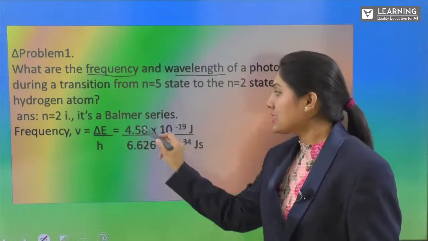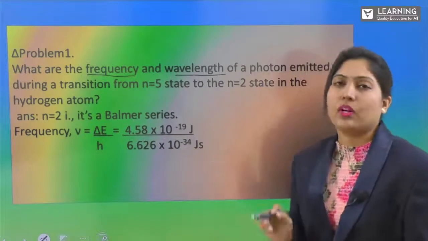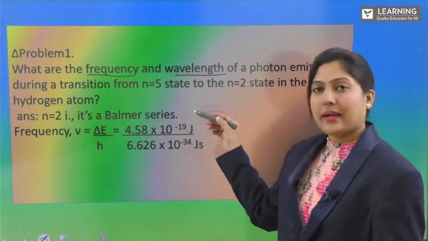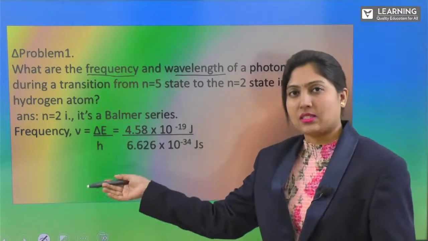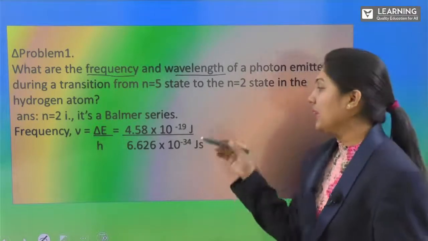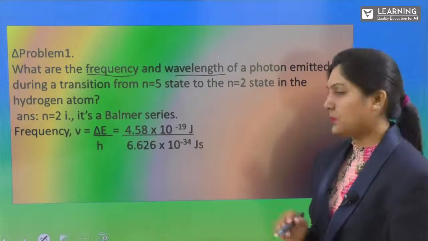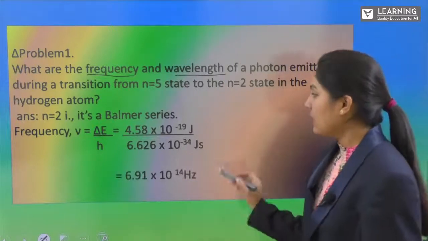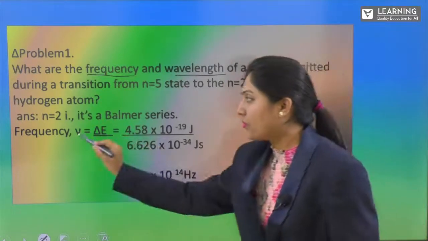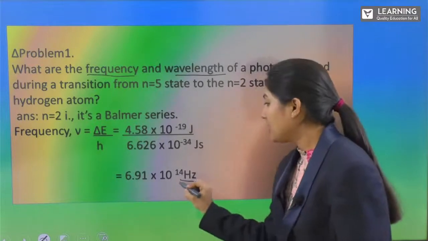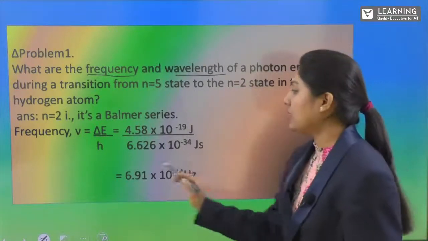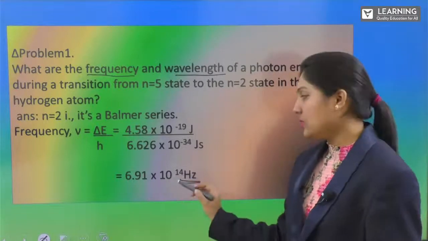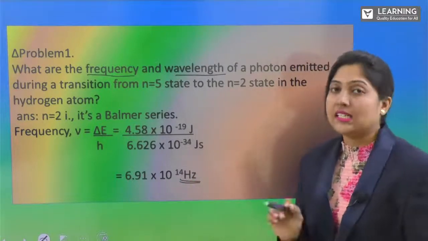Delta E, just now we got, is minus 4.58 into 10 raised to minus 19 joules, divided by h, Planck's constant, 6.626 into 10 raised to minus 34 joule seconds. Here the joules cancel, and for frequency we have hertz as the unit. So we got 6.91 into 10 raised to 14 hertz.